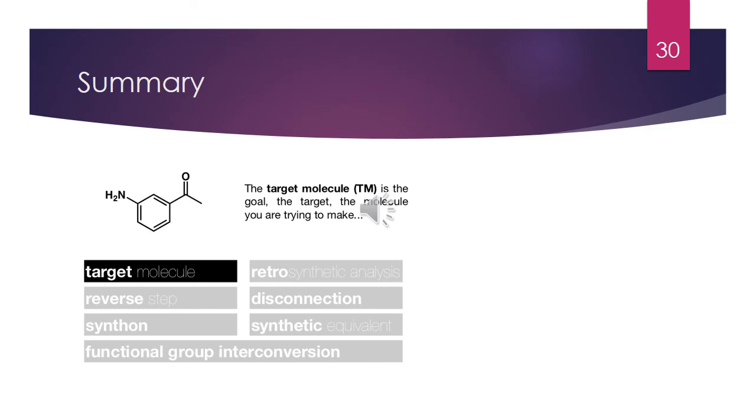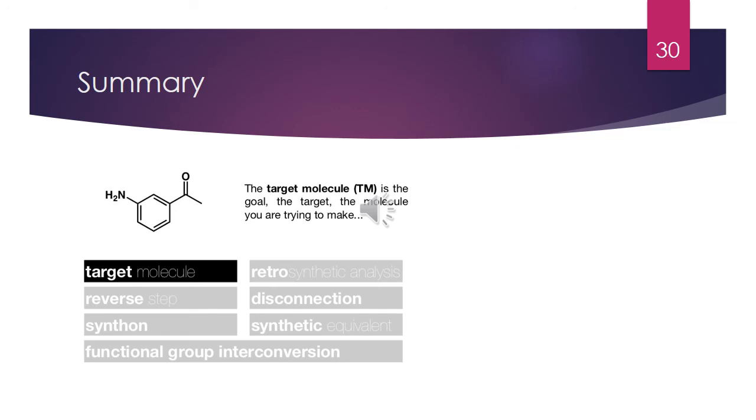When you have to convert these synthons into something which can be realized, these realized species which actually exist in nature are called the synthetic equivalents of the synthon, right? Suppose we break a bond and we get a carbon with positive charge and nitrogen with negative charge. These charged species are called synthons. They are imaginary.